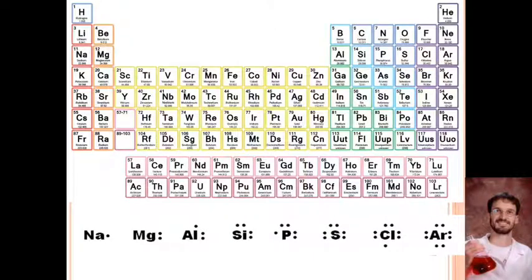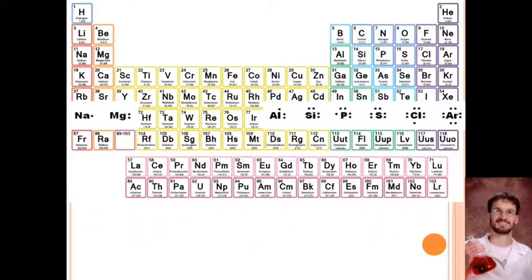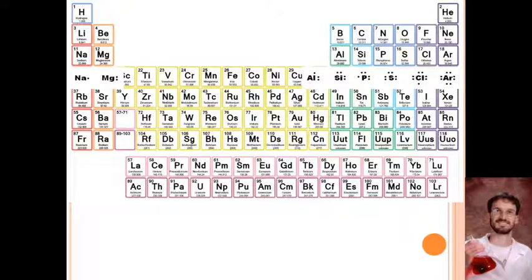These are the elements across the 3rd row of the periodic table. And notice their valence electrons. 1 electron goes with the first column, 2 electrons goes with the second column, 3 electrons goes with the third column. So it is the column of the periodic table, or the family that the element is in, that dictates how many valence electrons there are.